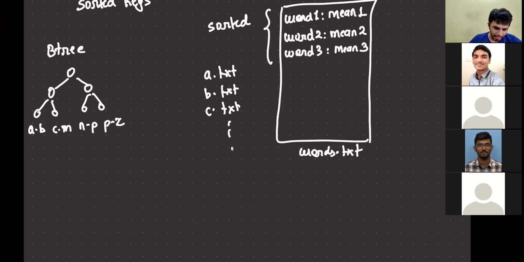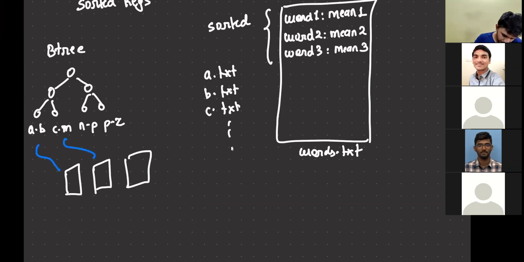And then each would point to the actual file or the file block on disk. Correct. So it would point here, here, here, and the final one points here.